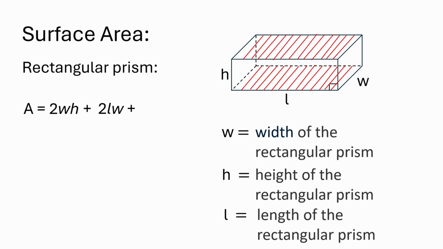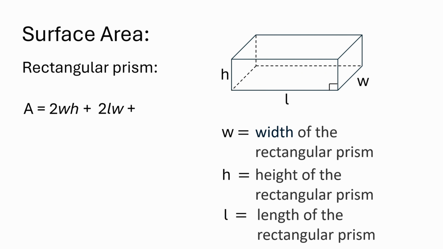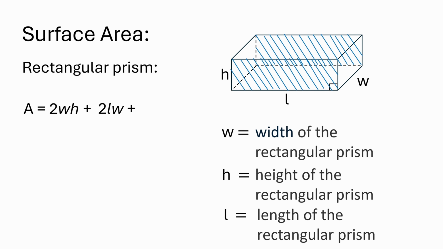So total surface area is equal to 2 times w times h plus 2 times l times w plus two faces of size l times h.